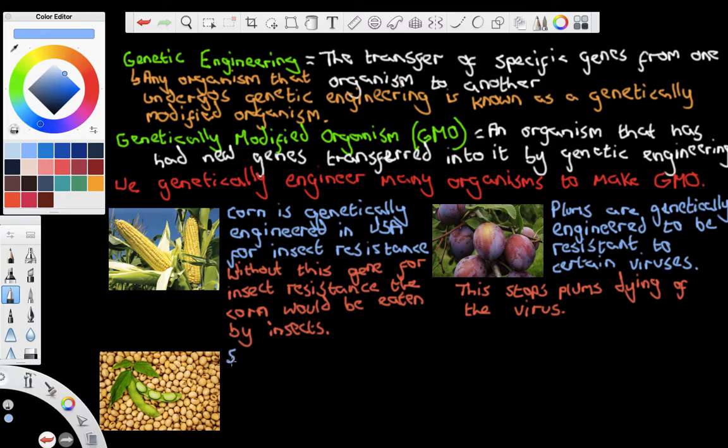So soybeans are genetically engineered to be resistant to herbicides.